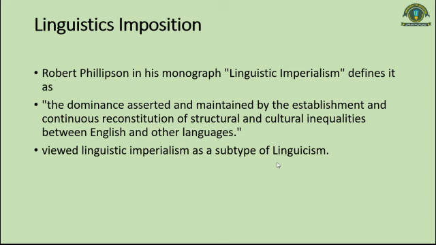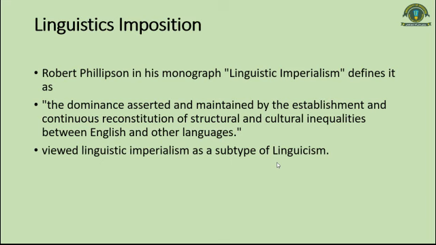In the later part of third video, we will discuss that how English language was propagated in the colonial areas by the administration and the colonial administrators. And the number two is the continuous reconstitution of structural and cultural inequalities between English and other languages.